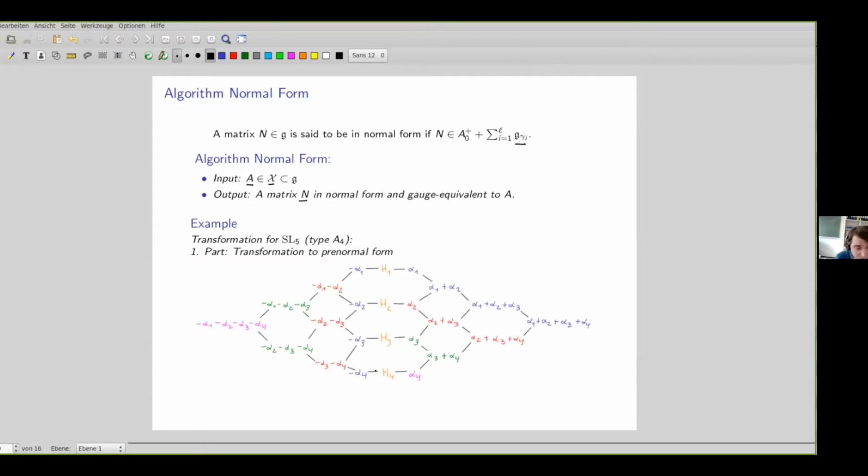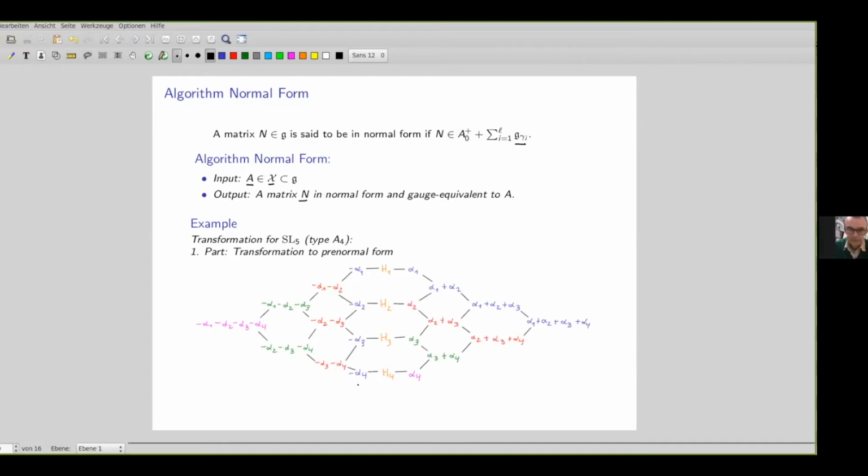So somehow that's a mixture between the root system and the root space decomposition. So we can also say, H1 up to H4 represents the Cartan subalgebra, and the roots represent the one-dimensional root spaces. When we look at the right, I have done a kind of filtration of the roots. In blue, you have all roots starting with alpha 1. In red, you have all roots starting with alpha 2. In green, alpha 3, and last but not least, alpha 4 in pink.